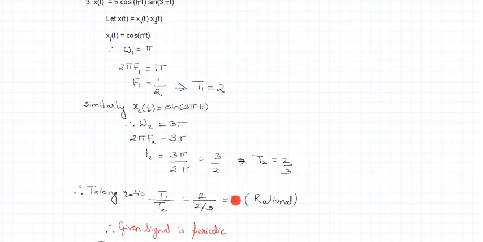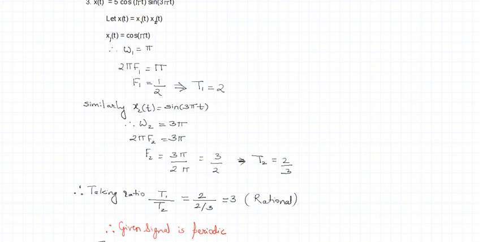It is in the form of p by q, where p is 3 and q is 1. Both p and q are integers. A rational number can be expressed as the ratio of two integers. So here 3 is an integer and hence the ratio is rational. So we conclude that the given signal is periodic as the ratio is rational.